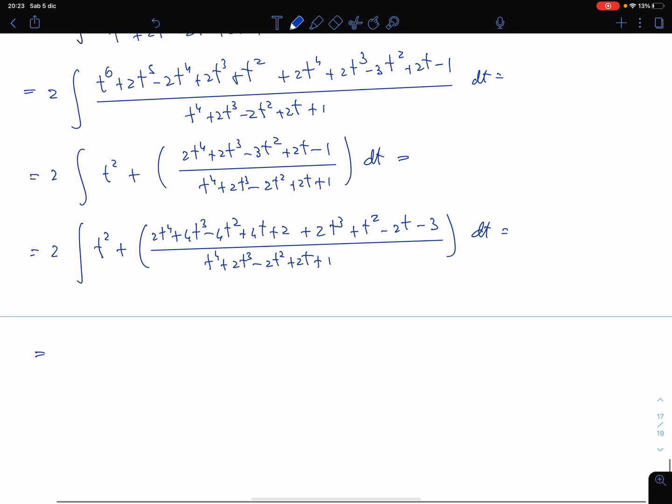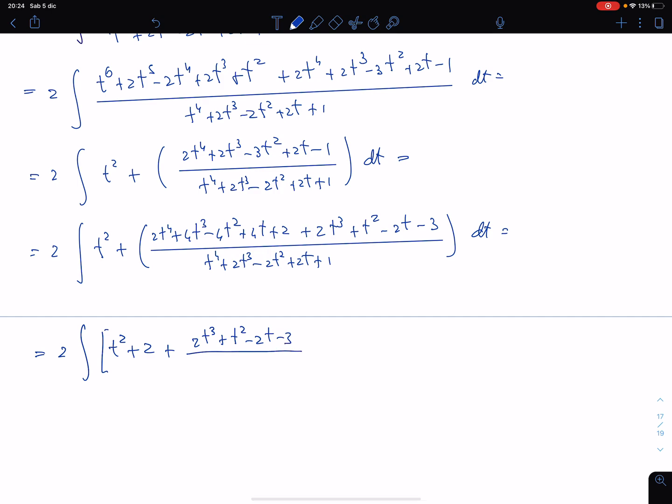So here we have 2, here t squared plus 2, so we used all this here, and here plus 2t cubed plus t squared minus 2t minus 3 divided by t^4 plus 2t^3 minus 2t squared plus 2t plus 1 dt.